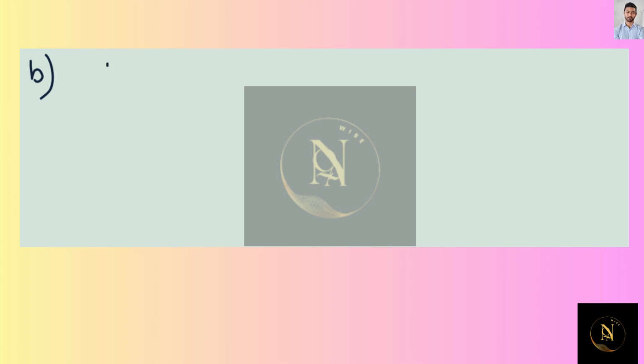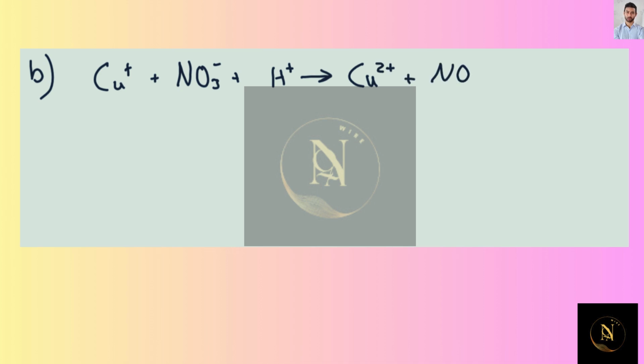So we have Cu plus and nitrate, and then we're in acidic solution, so we have protons present, and copper 1 is being oxidized to Cu 2 plus, producing NO and water.